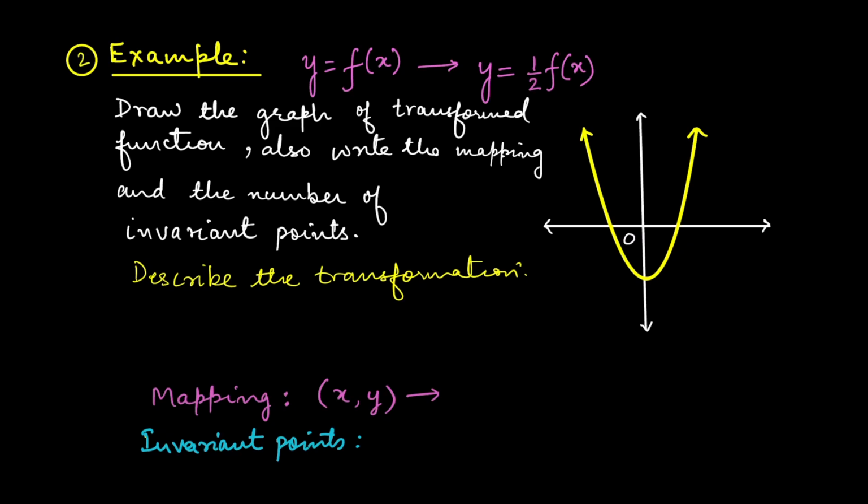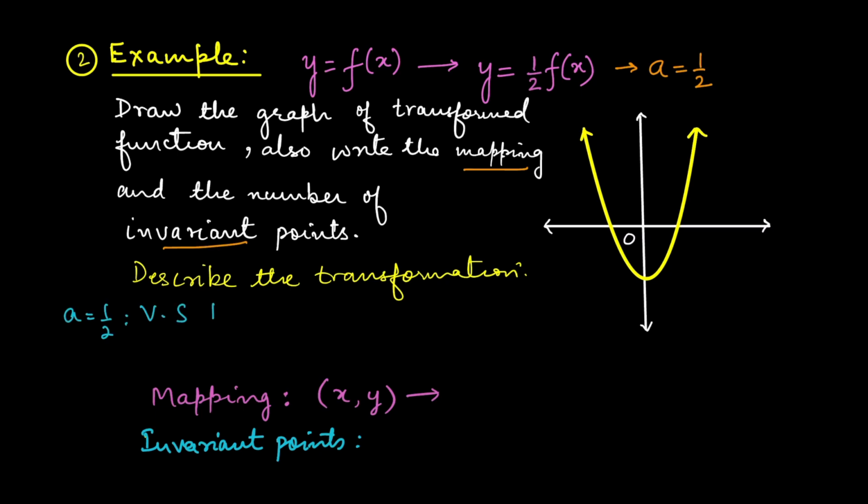Now taking the example here, y equals f(x) is transformed to y equals 1/2 f(x). So we can see here the a value is 1/2. So we again have to draw the graph, then write the mapping, and then write the number of invariant points. When we describe the transformation, the a value is 1/2, which is positive.